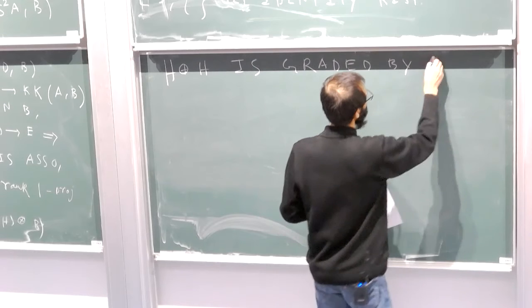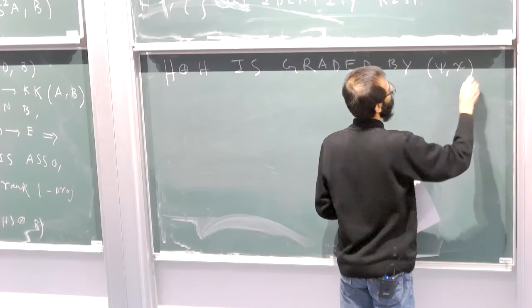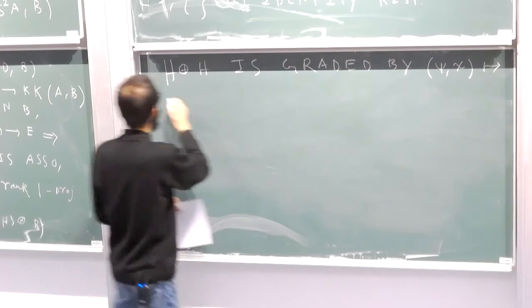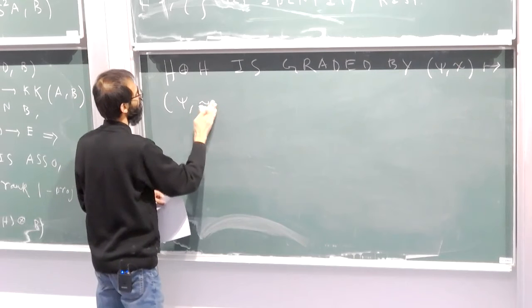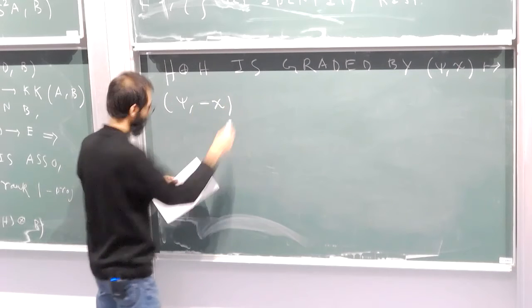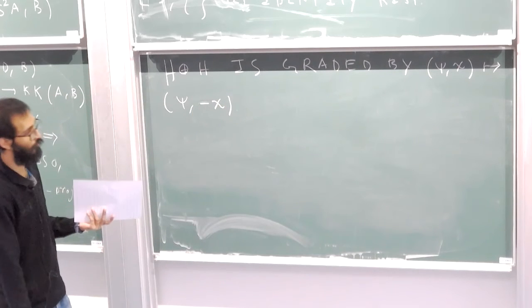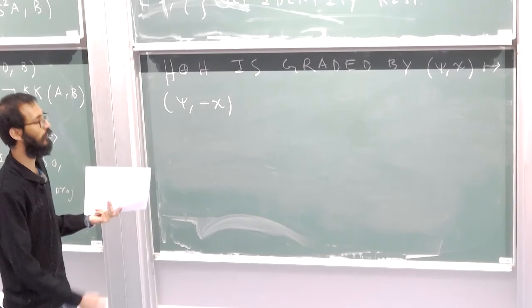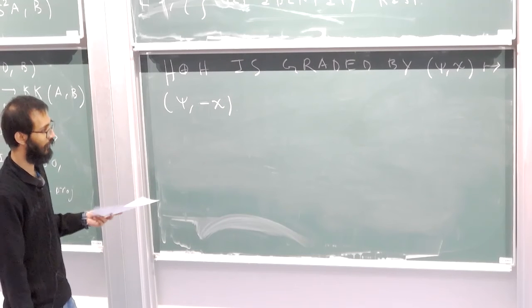It is graded by (psi, chi) going to (psi, minus chi). Phi is the unique unital star homomorphism from C to the bounded operators on H tensor H.